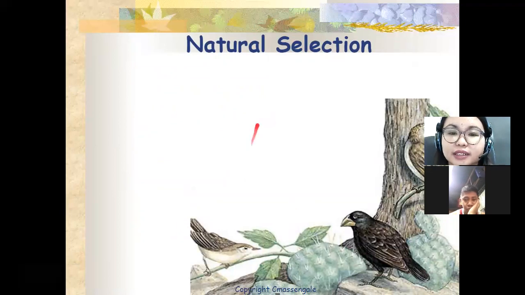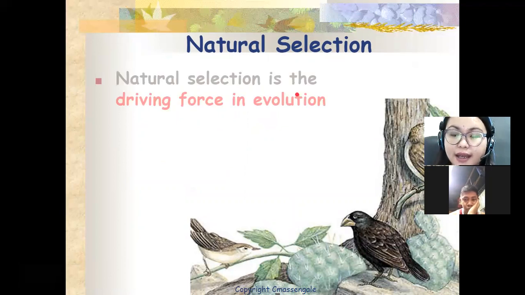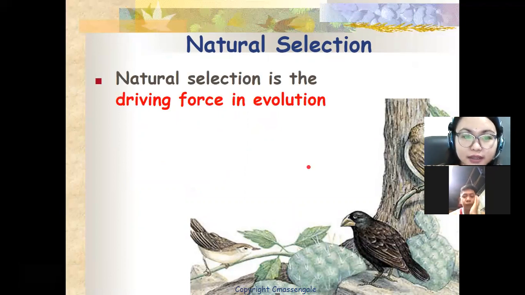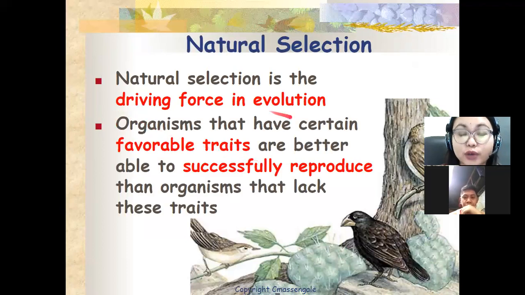So natural selection is another aspect of biological life. Natural selection is the driving force in evolution. So right now we're having a pandemic, and simply it's also some sort of natural selection, no?